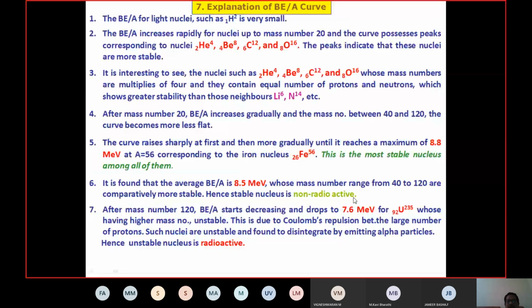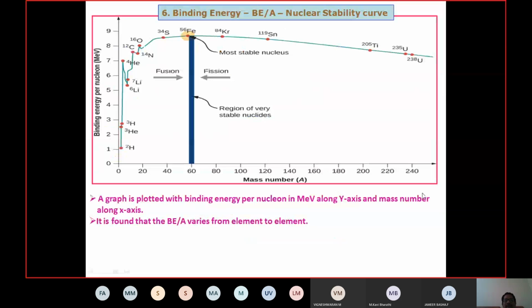Another important point here: after mass number 120, the binding energy per nucleon starts decreasing, and it drops to 7.6 mega electron volt for uranium.